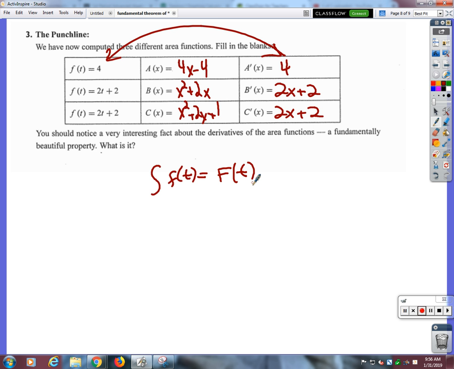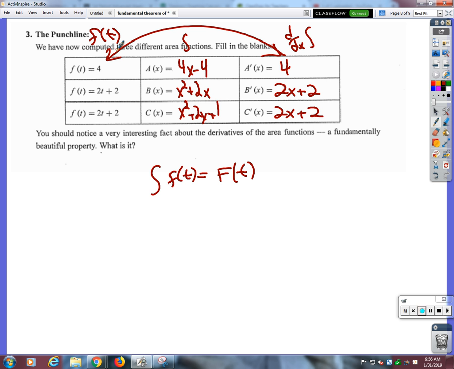Let me say that again. This table right here were the formulas for the integrals we did, right? And then this column right here is the derivative of those integrals, and it worked out to be the original function that we started with.